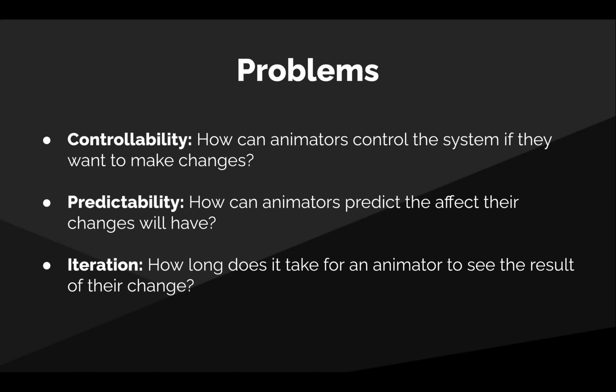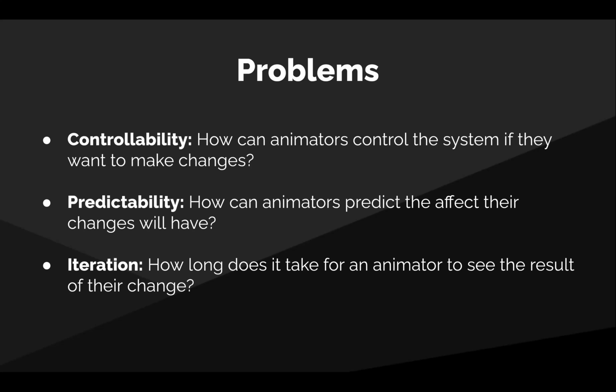There are, however, some big problems with these kinds of systems. So one is that it's very difficult for animators or designers to control the system if they want to make changes. So if they see something they don't like and they think there might be something better in their heads, how can they actually translate that change into a practical thing they do to the system, like parameters they tweak or whatever?